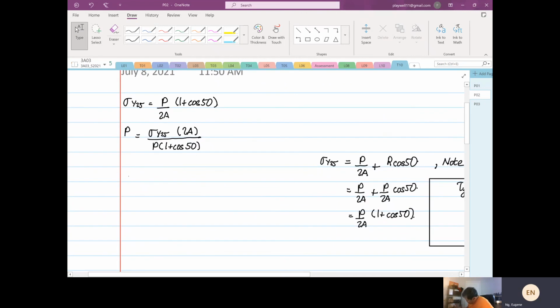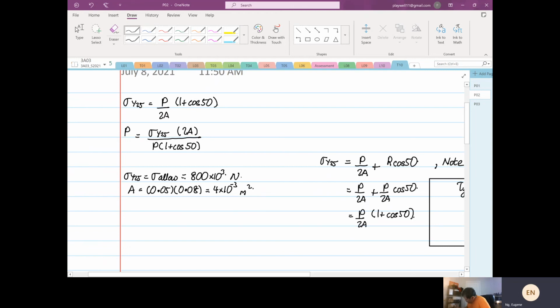So we know that the stress Y25 has to be equal to the allowable normal stress, which is 800 times 10 to the power 3, and the area is equal to 0.05 multiplied by 0.08, which is 4 times 10 to the power minus 3 meters squared.